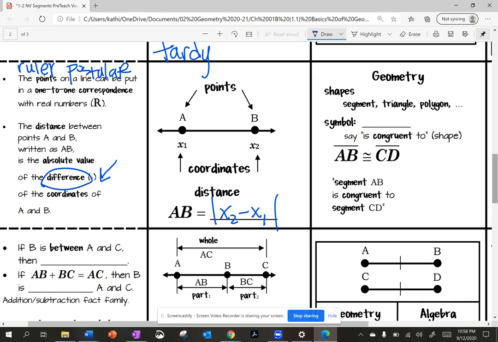Okay? So that is going to tell me the distance between these 2 points. So points are letters. Coordinates are numbers.